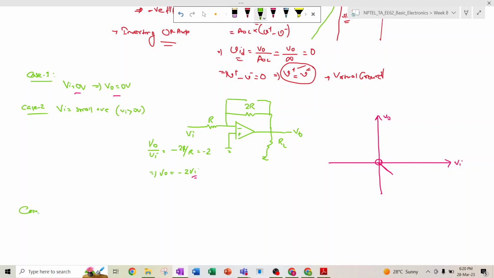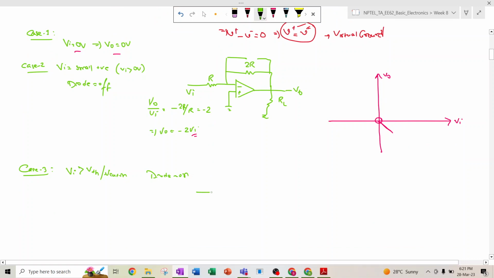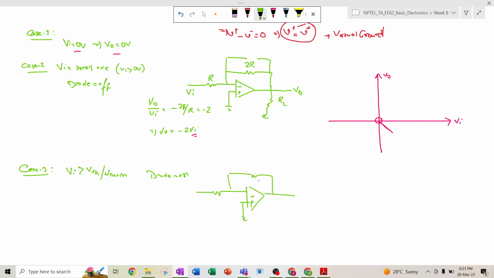So case 3, whenever Vi is greater than the threshold voltage or cut-in voltage, the diode turns on. Here the diode was off, but now the diode turns on. So whenever the diode turns on, the circuit becomes 2R, R, Vi, and the circuit will behave like this.